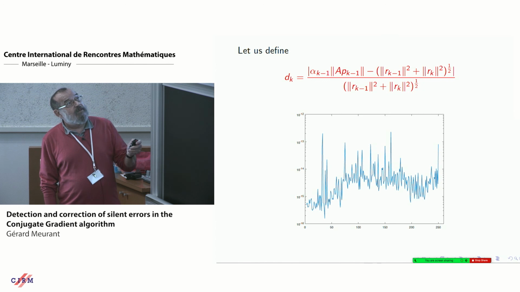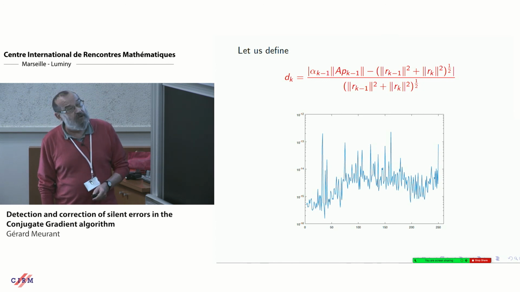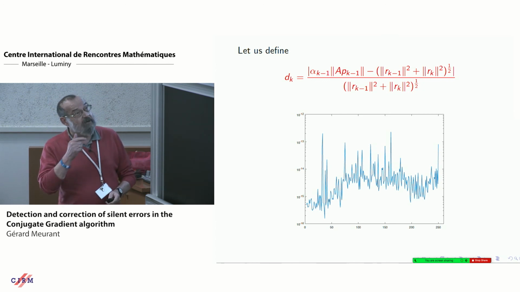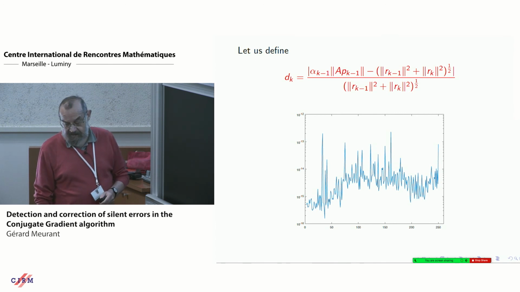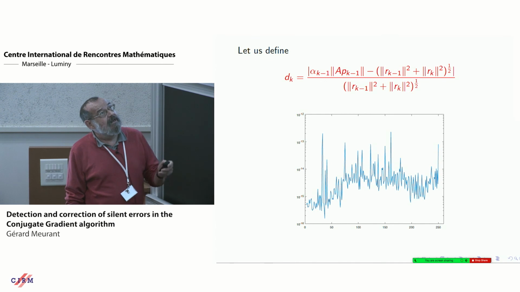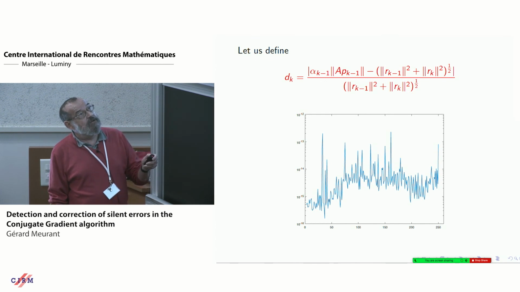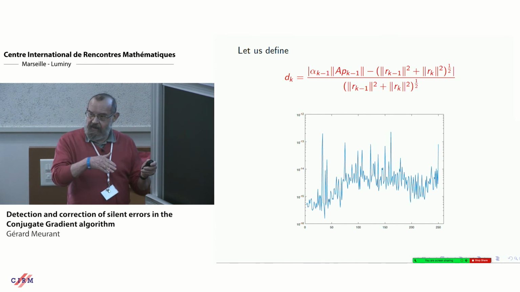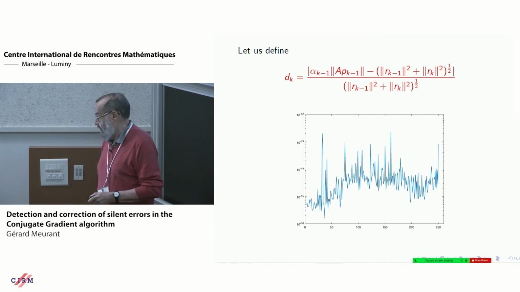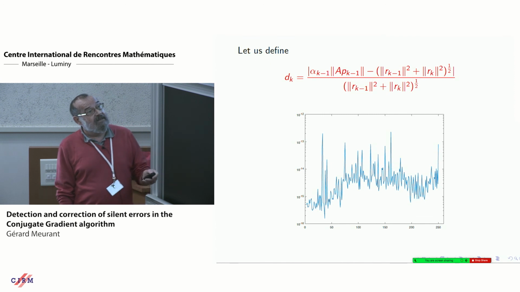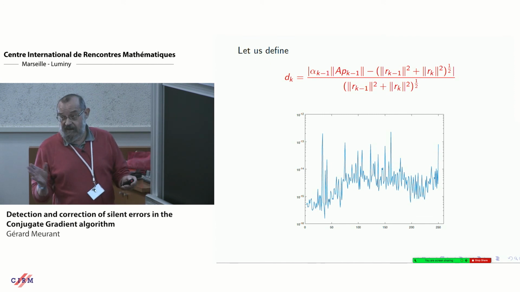Okay, so in fact, I'm using this ratio, dk, because I'm using a relative difference. And to avoid having too small a quantity in the denominator, I'm using the square roots of the left and right-hand side of my equality. And if I plot that without any bit flip, I have this curve.